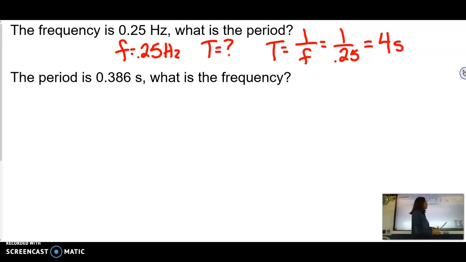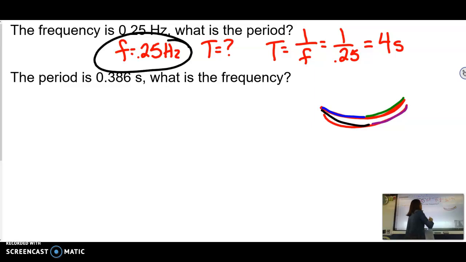So it would take 4 seconds to swing back and forth. It would be 1, 2, 3, 4. And that's why the frequency is 0.25, because in 1 second, it's only doing this first quarter of a swing. It does a quarter of a swing in a second, or we could say it takes 4 seconds to do a full swing.